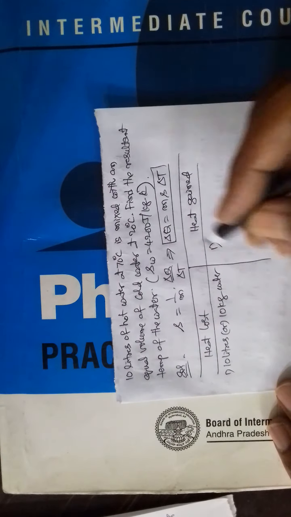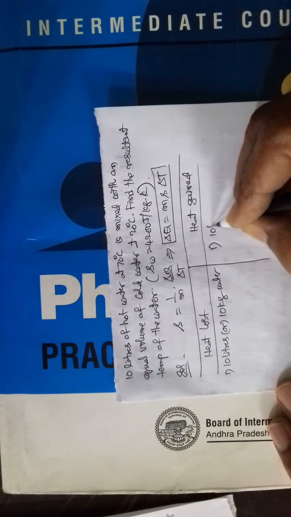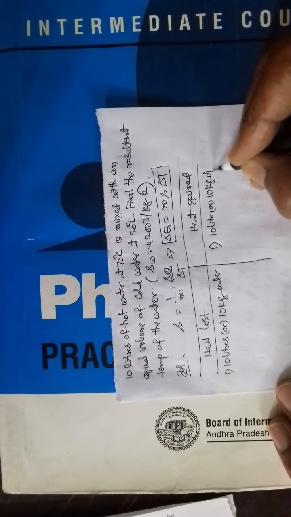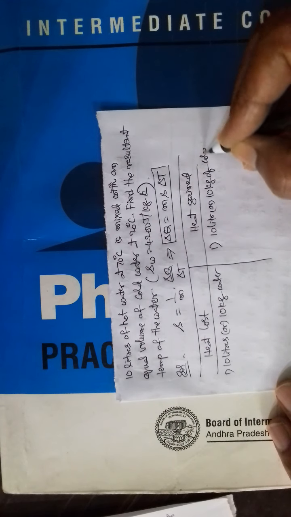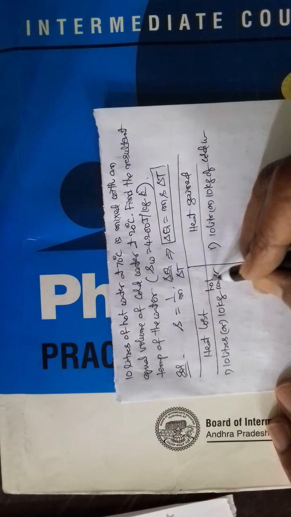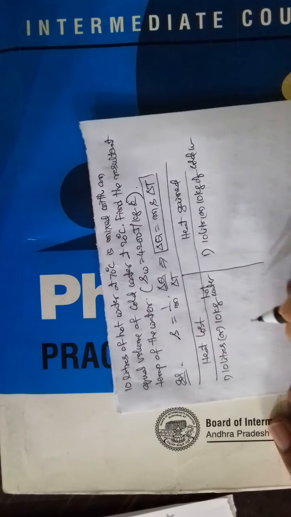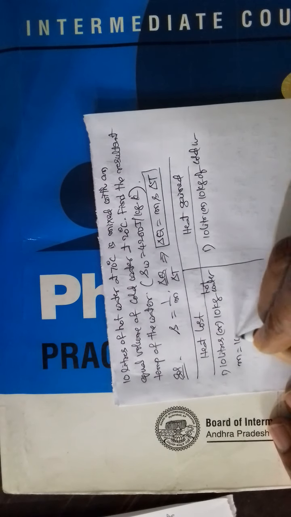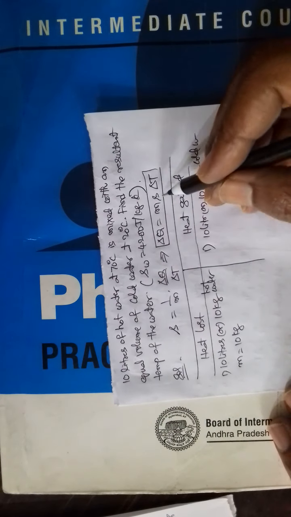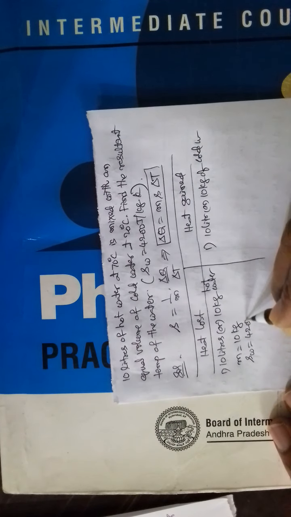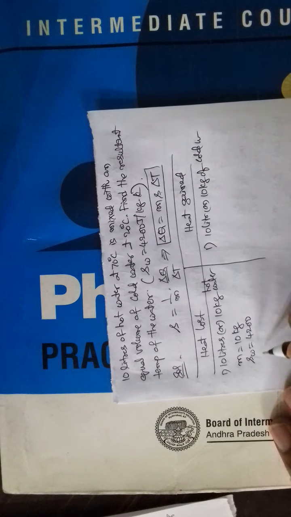Here heat gained, equal volume of cold water, so 10 liters or 10 kg of cold water. Hot water loses, cold water gains. Now mass is 10 kg, S value, change in temperature.